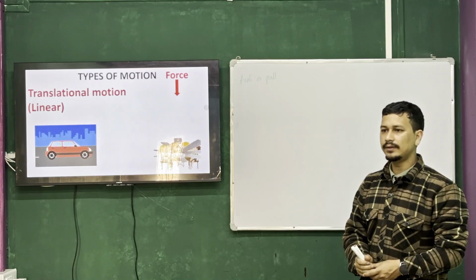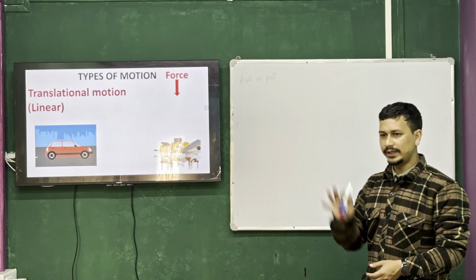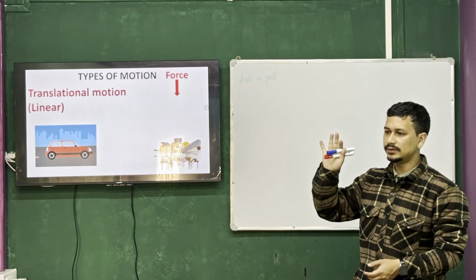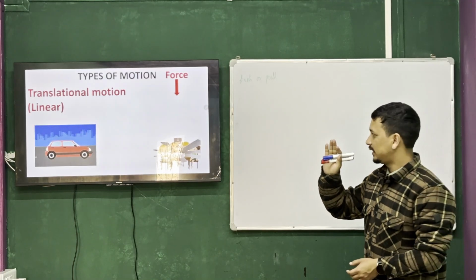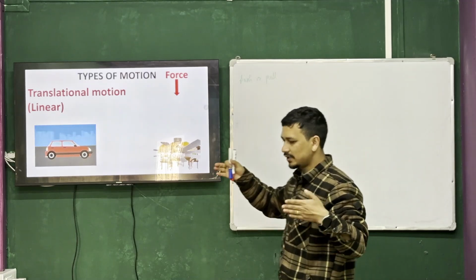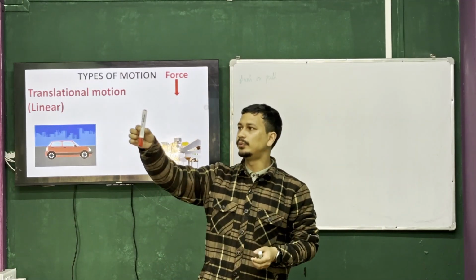Rotational motion, okay. Everyone is saying rotational motion. Anyone, any votes for linear motion? No? Isn't the car moving? Isn't the wheels of the car moving in a straight line? Look at this, the wheel.